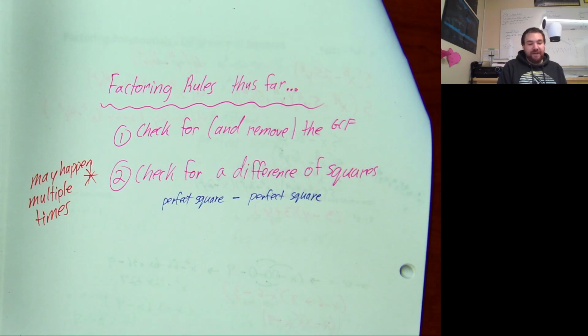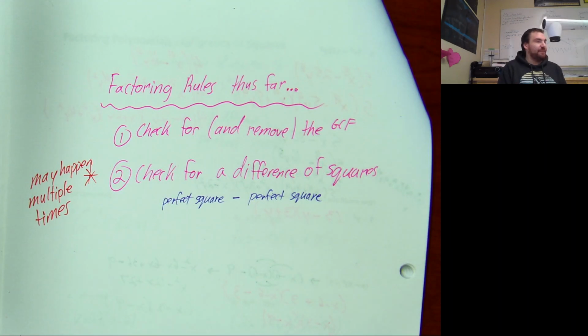So this could include variables. If you have a squared variable, it's obvious. Like x squared is x times x. But the ones that are less obvious are what happens if you have x to the 4. Is that a perfect square? Yeah, because what is x to the 4th? It's x squared times x squared.